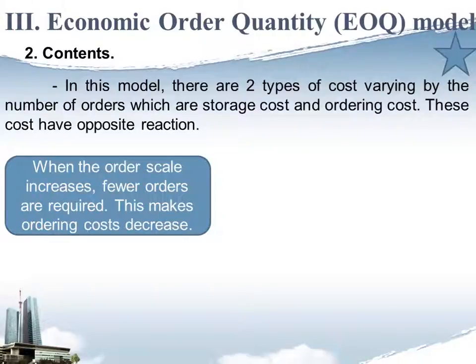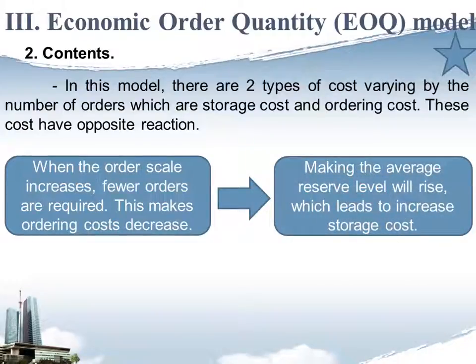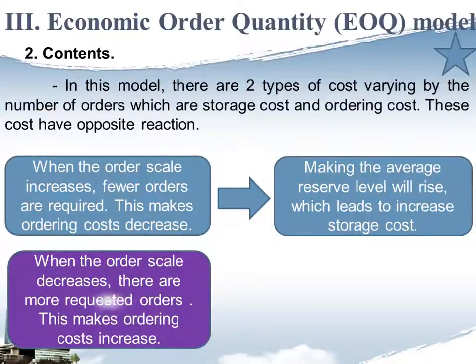This makes ordering costs decrease, but the average reserve level will rise, which leads to increased storage costs. Conversely, when the order scale decreases, there are more orders. This makes ordering costs increase, but the average reserve level will decrease, which leads to reduced inventory costs.